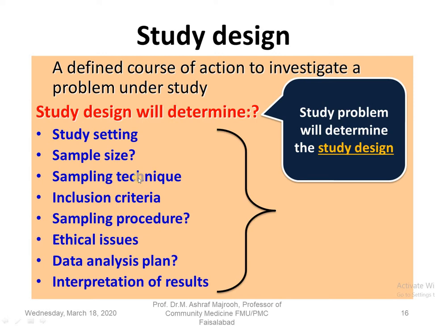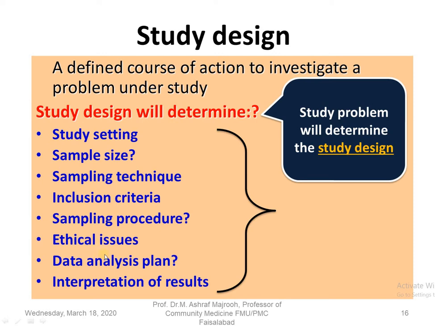Sampling technique, similarly, if you are having the randomized control trial or clinical trials, in clinical trials, sample technique is always purposive sampling, as compared to cross-sectional studies where random sampling can be used.